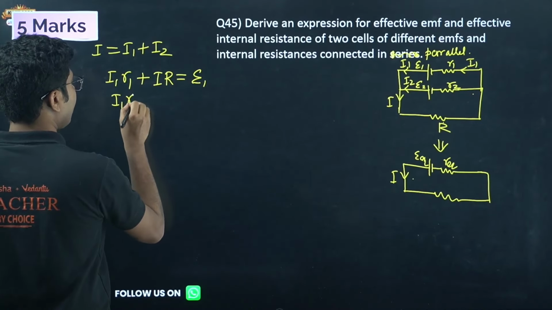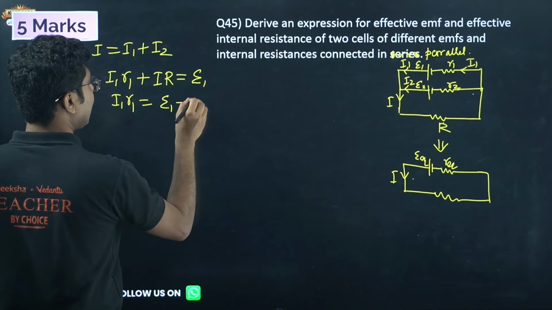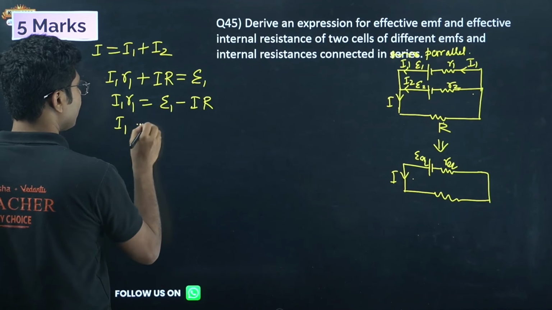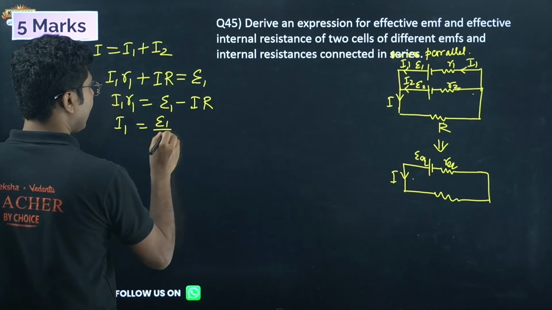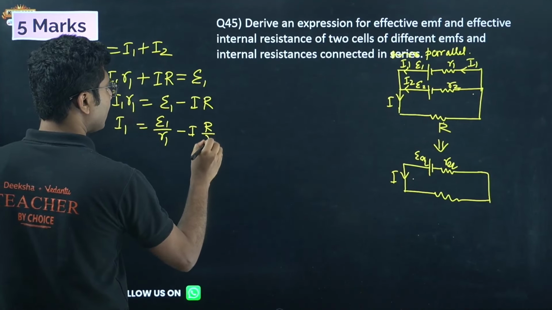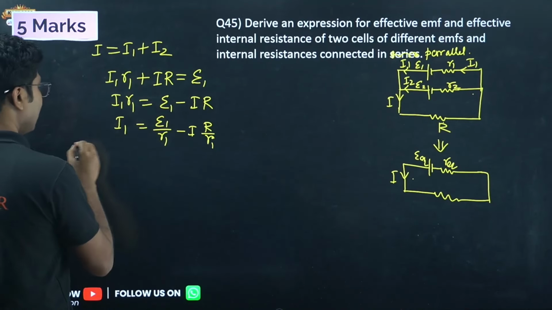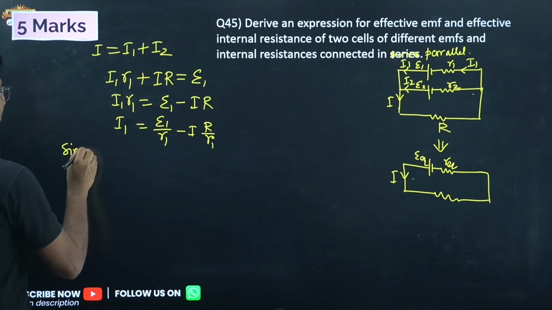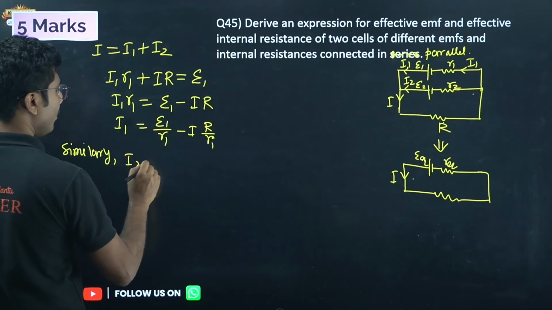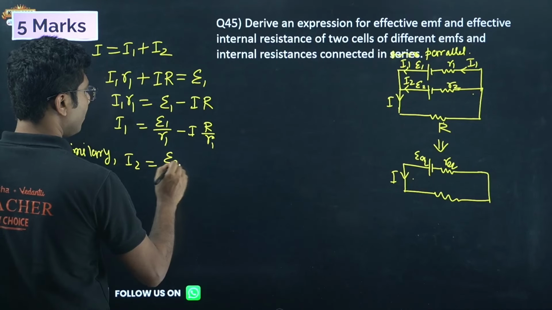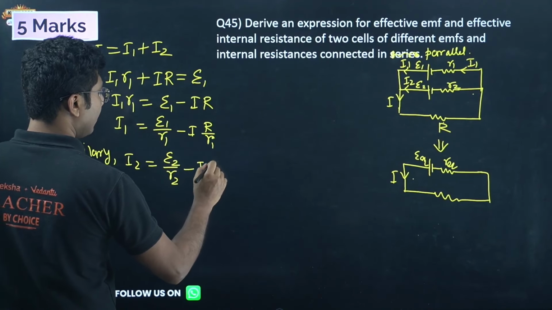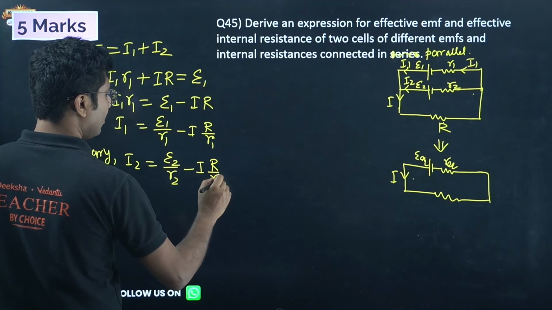I1 R1 equals epsilon 1 minus IR, or I1 equals epsilon 1 by R1 minus I into R by R1. Similarly, because it is almost the same, I2 equals epsilon 2 by R2 minus I into R by R2.